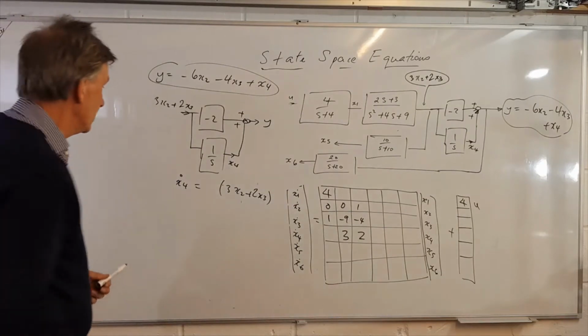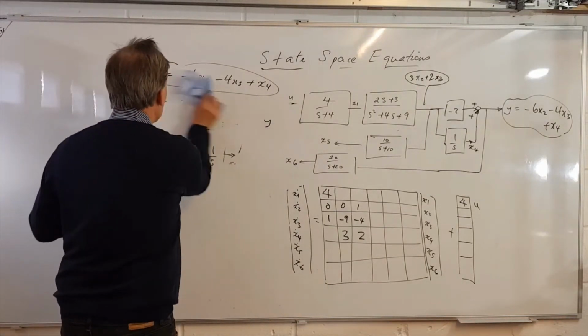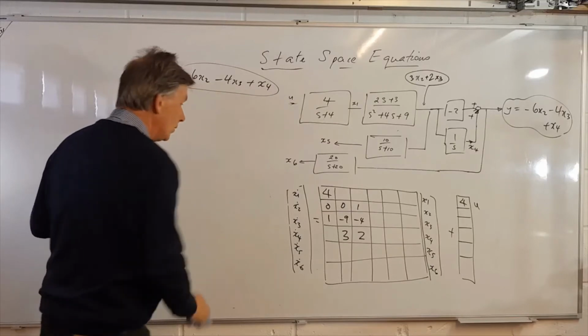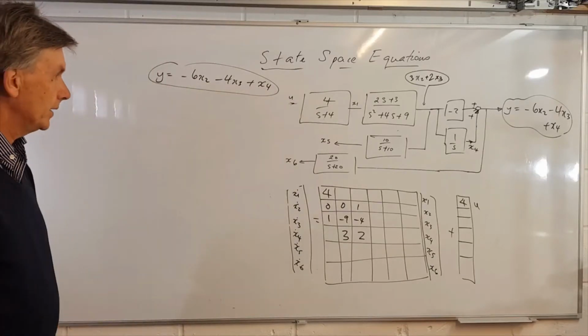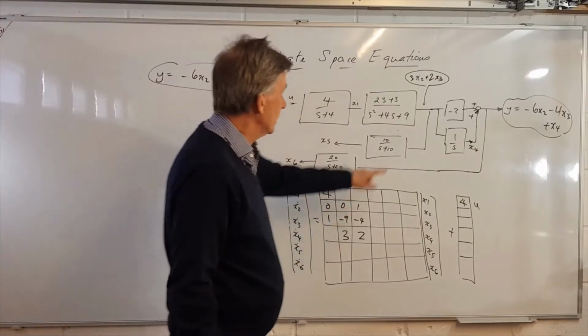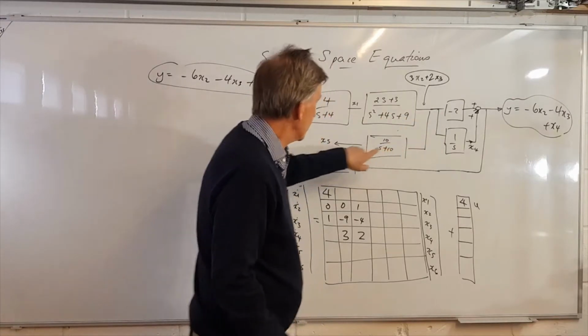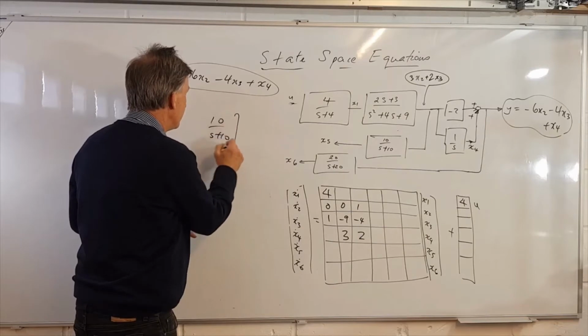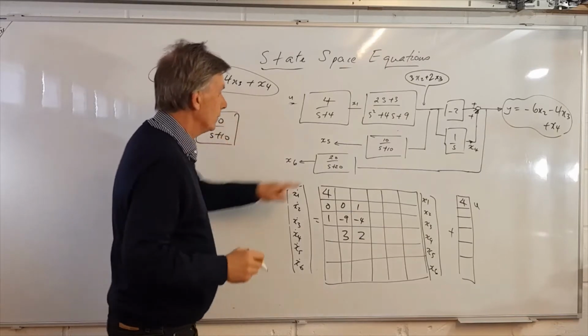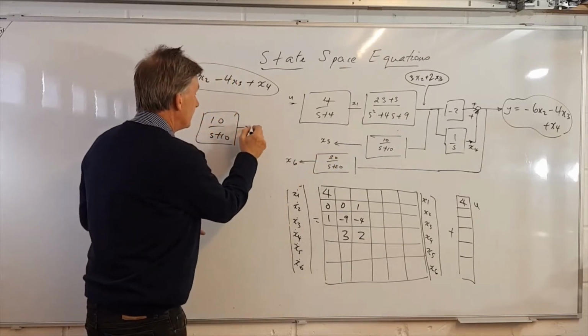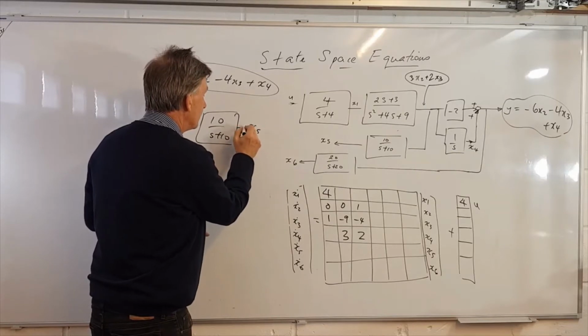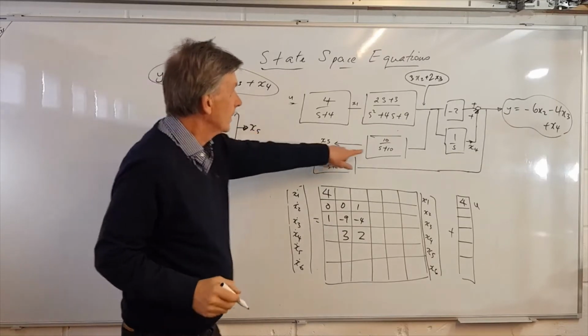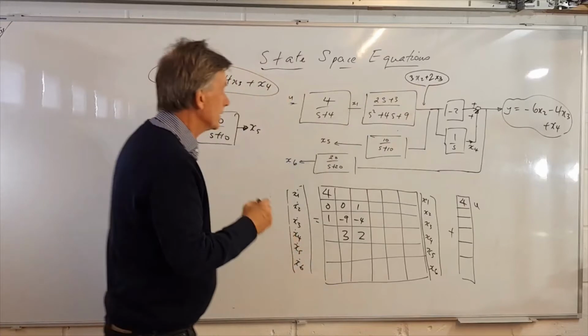So we've got 2 more to do, and then we'll have got our open loop state space equations. So let's look at this one now. Into this box here we've got 10 over s plus 10, and the output is x5, and the input is 3x2 plus 2x3.